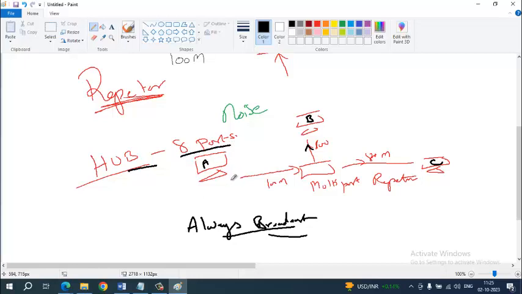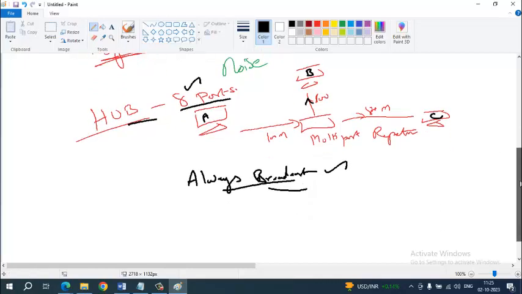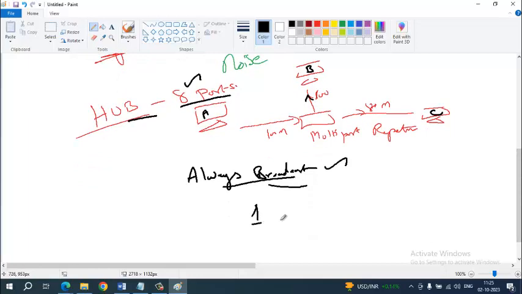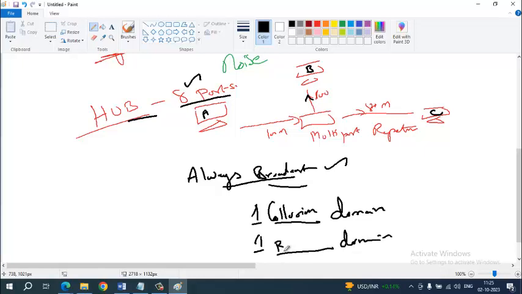It is because it always broadcasts. Why is it always broadcasting? Because it has only one domain for controlling the collision as well as one domain for controlling the broadcast.